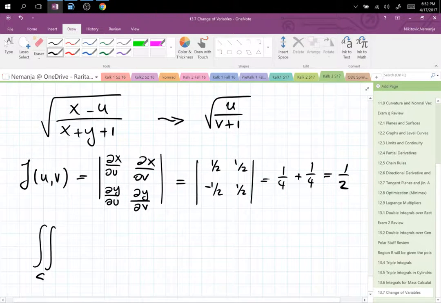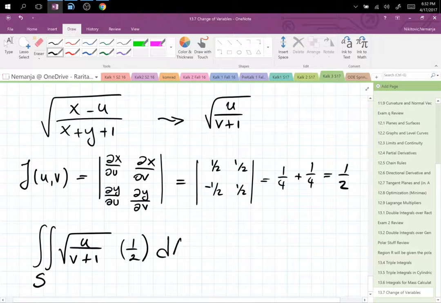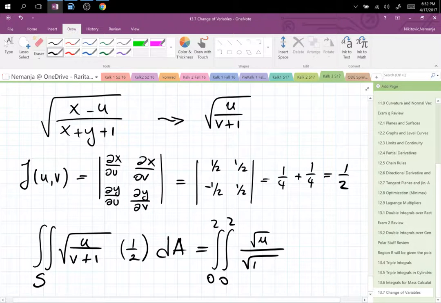I have a double integral over region S. I am integrating this guy times 1/2 as the Jacobian dA, which works out to an integral from 0 to 2 and 0 to 2. And then I'm going to separate this as square root of u times 1 over square root of v plus 1, because I can.